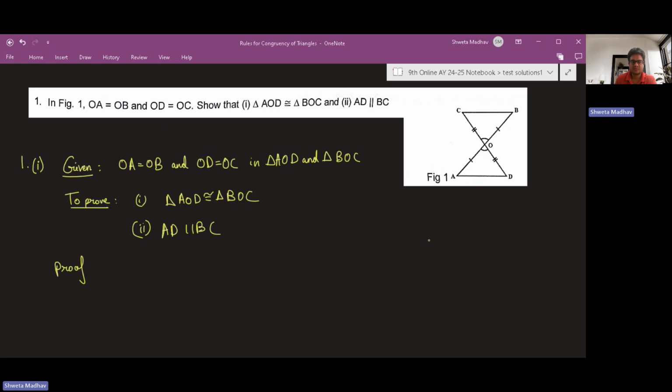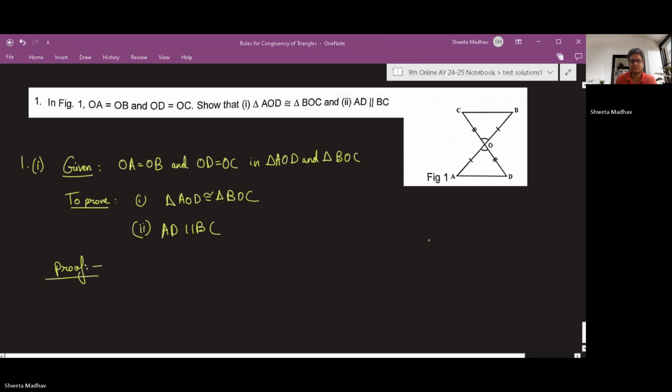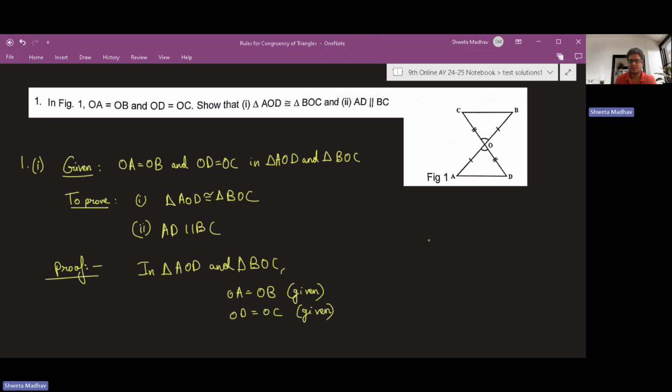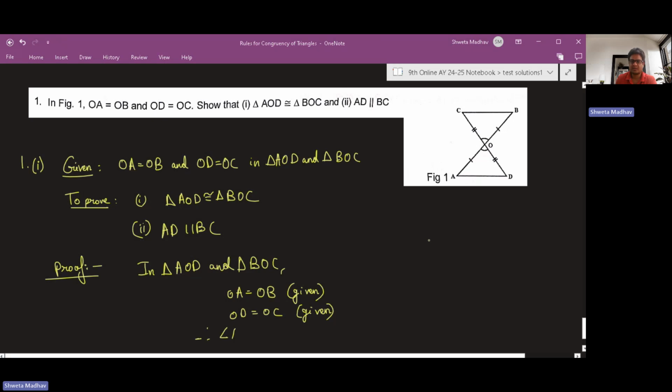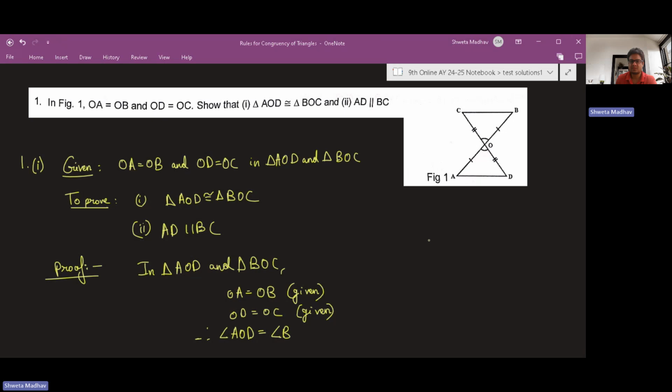So the proof is that in triangle AOD and triangle BOC, OA equals OB, which is given, and OD equals OC, which is also given, and the vertically opposite angles are equal since it is shown that the line CD intersects the line AB at O. So therefore I can say angle AOD is equal to angle BOC since they are vertically opposite angles.